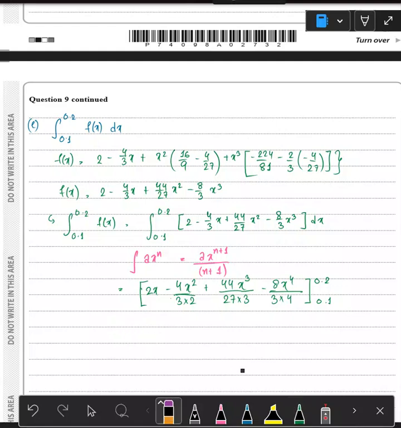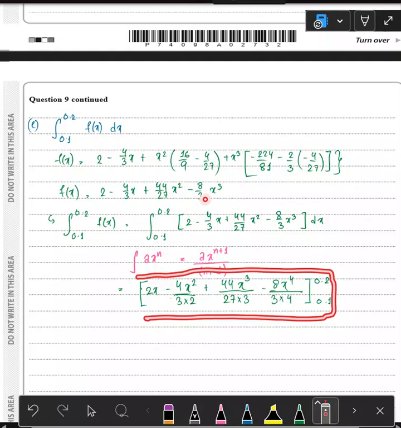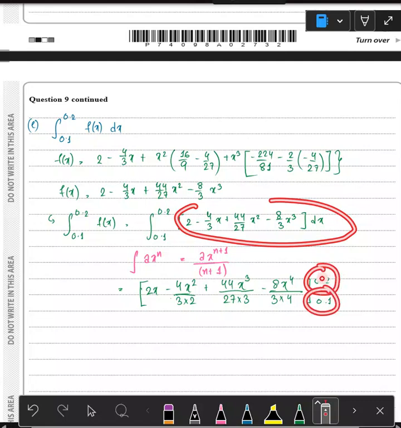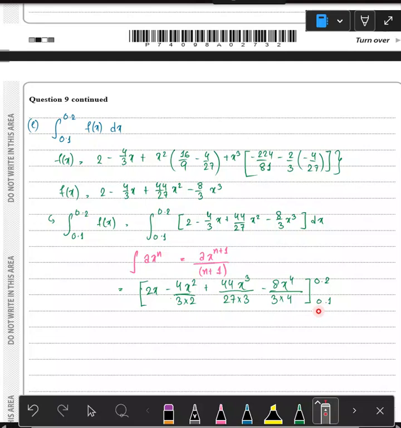This is the integration of f(x). Now we can work with the limits. At first we'll work with the upper limit, which is 0.2, and then we'll work with the lower limit.